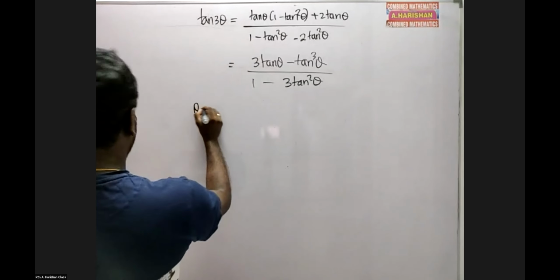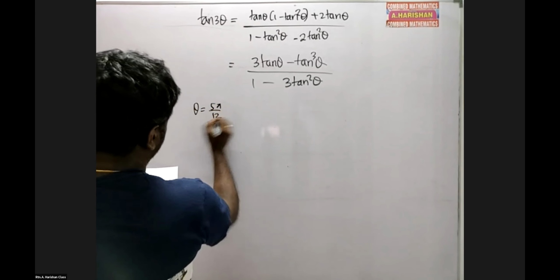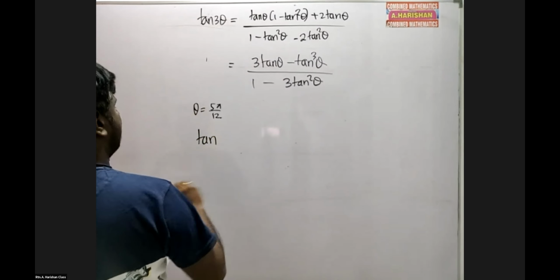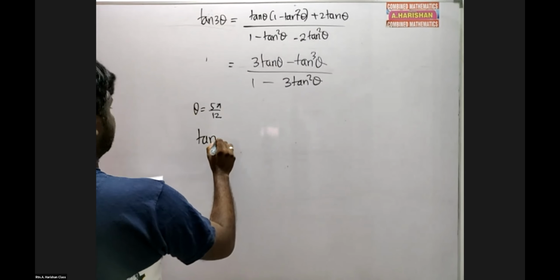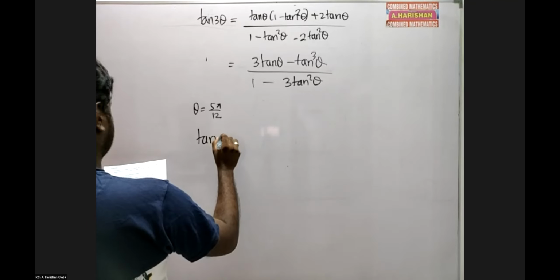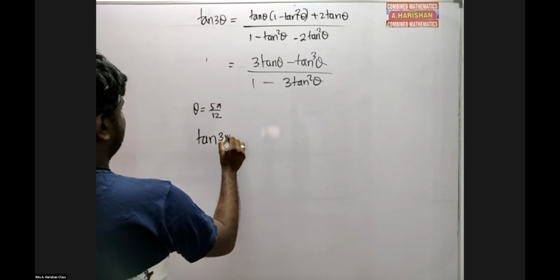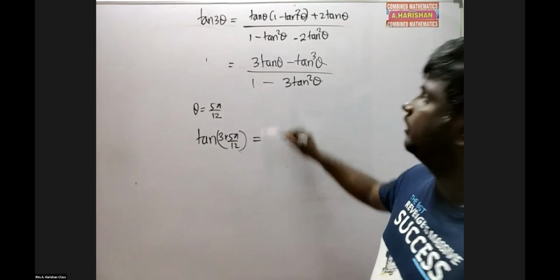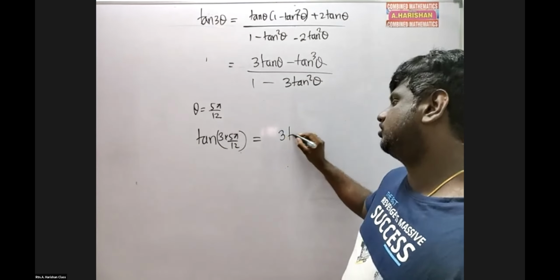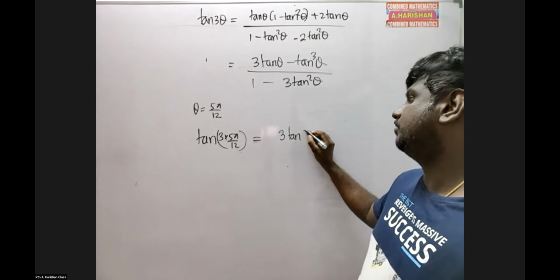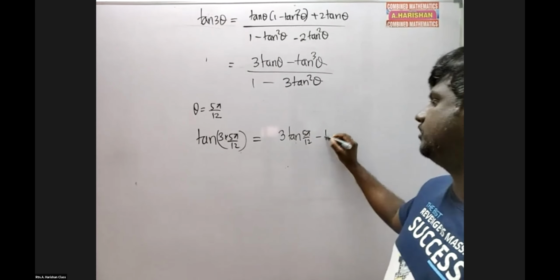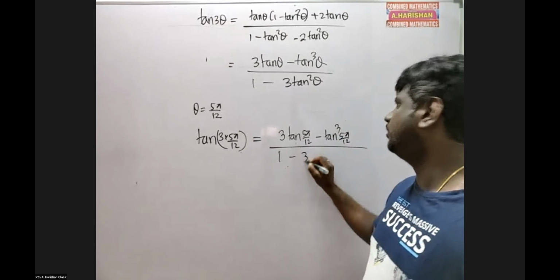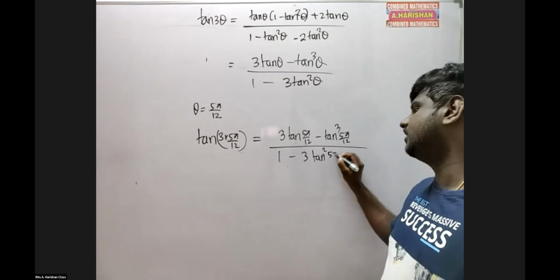When theta equals 5 pi by 12, if I substitute here, tan 3 theta, 3 into 5 pi by 12, that's going to be 3 tan 5 pi by 12 minus tan cube 5 pi by 12. I substitute because they say substitute.